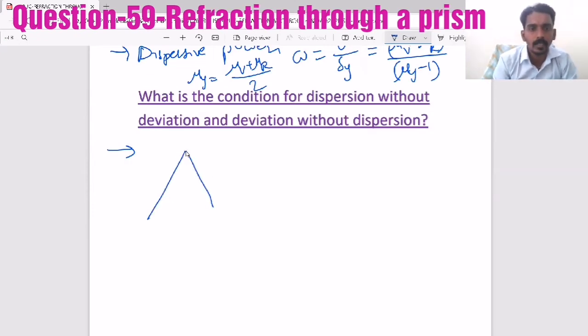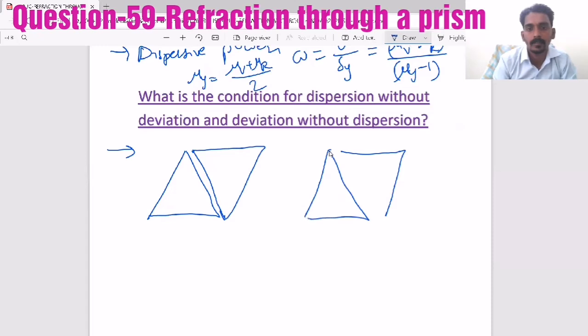When you arrange a combination of two thin prisms, like this is A, this is mu, this is A dash, this is mu dash, then when light enters from one, it will come out without deviation.